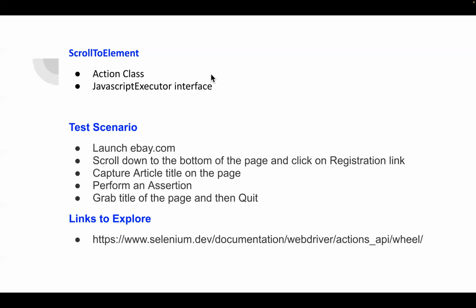In order to scroll to an element and then click, in some scenarios, which is probably a common scenario, the element is located at the bottom of the page, or on the right side or left side of the page.